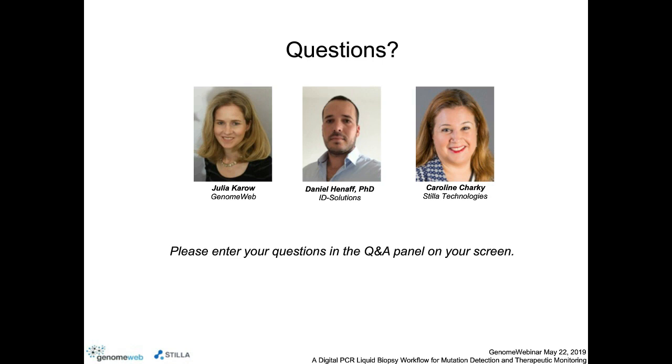Right now, what we forgot to mention is that all these kits are research use only, but some of them will be CE-IVD marked in the next couple of months or by the end of this year. We are also working on an IVD platform by the end of this year as well. So right now it's a complete solution for research use and translational research labs, but we will be getting into the IVD market as well.